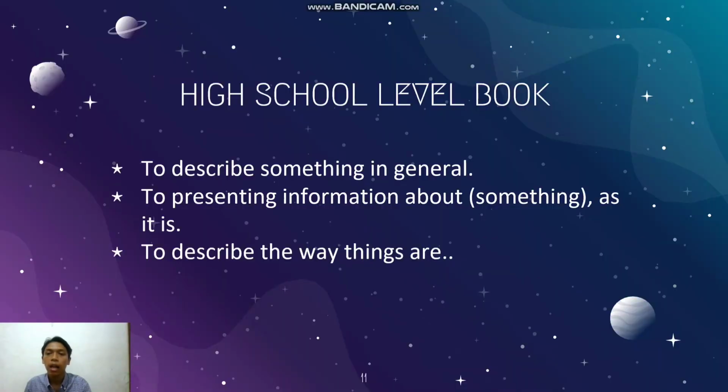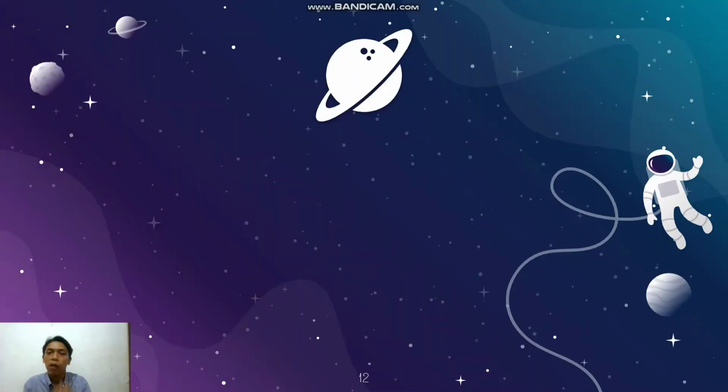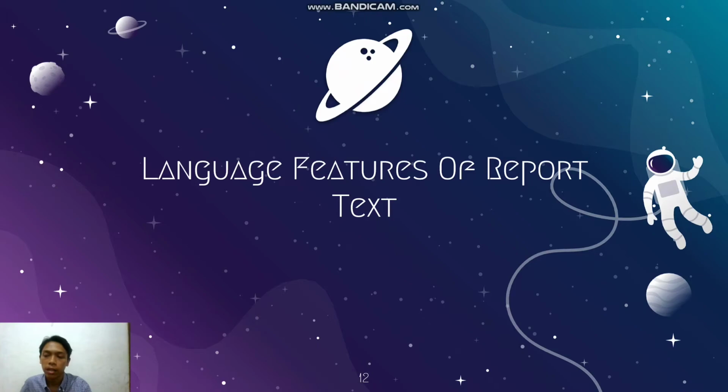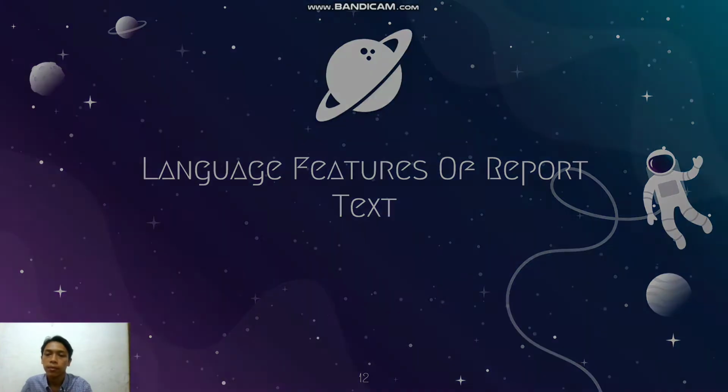In the high school level book, report text has three purposes: to describe something in general, to present information about something as it is, and to describe the way things are. Okay, clear?